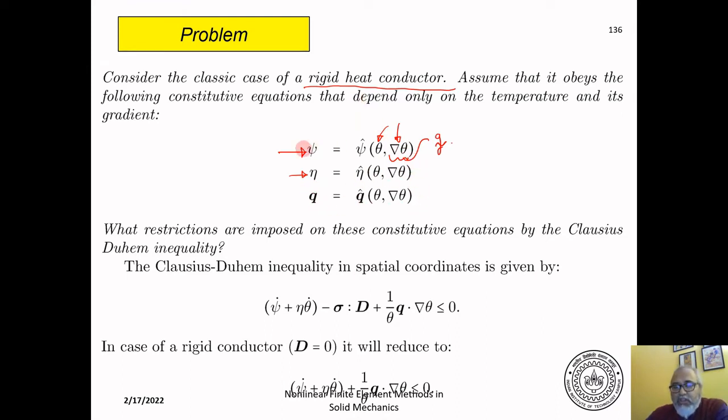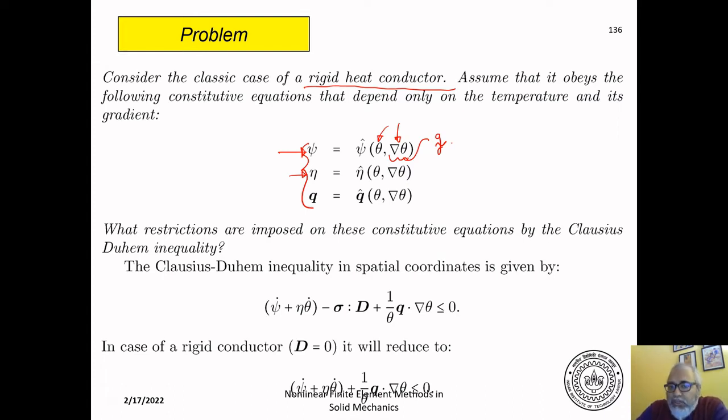the same things. So these are constitutive relationships where we are assuming that temperature and the gradient of temperature are independent variables, and on these independent variables, these physical quantities are dependent. Now this constitutive assumption comes from some other understanding of the problem.